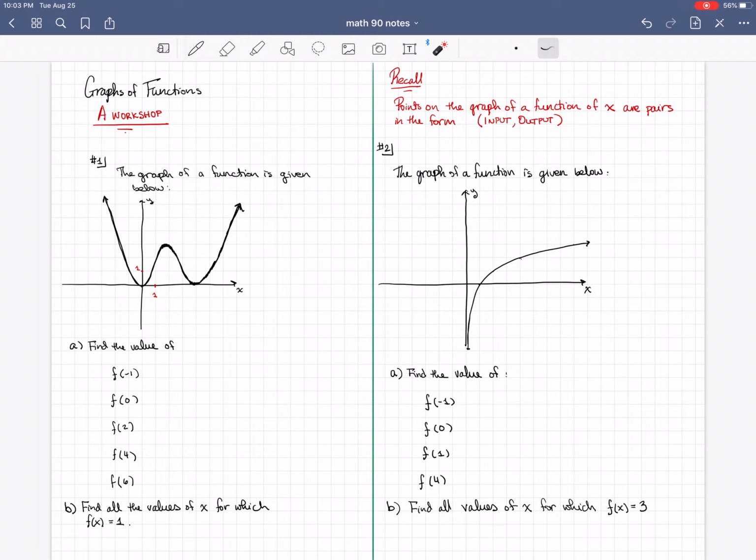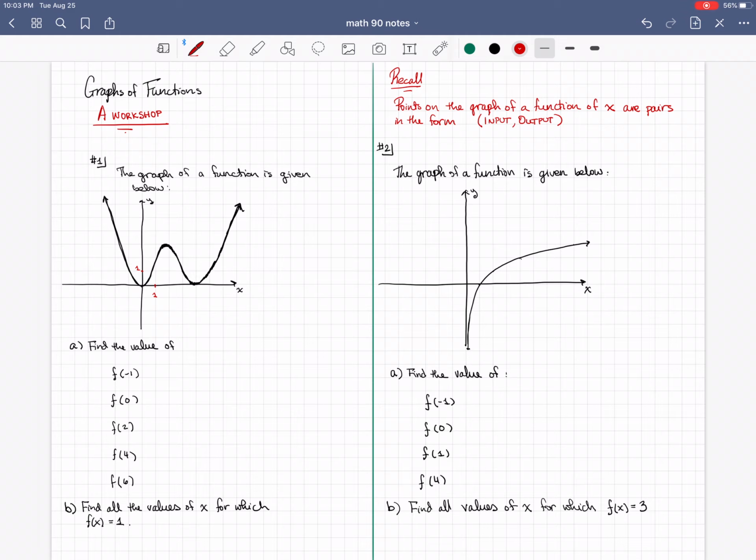So for number 1, part A, I'm going to work through the first two problems, and then I'm going to ask you to pause the video and try the remaining 3 problems on your own to see if you get the gist. So part A says, find the value of f of negative 1.